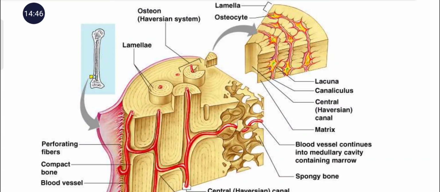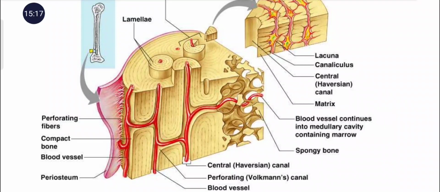Lamellae are nothing but the concentric arrangement of the osteocytes, which can be seen as circular lines around the central canal. These lamellae consist of lacunae. Lacunae are the spaces in which the osteocytes are embedded. So, lamellae along with the lacunae and osteocytes form the concentric circles in the Haversian system.